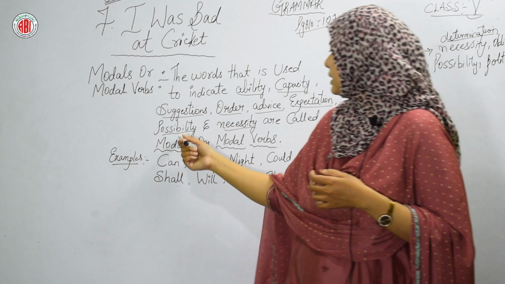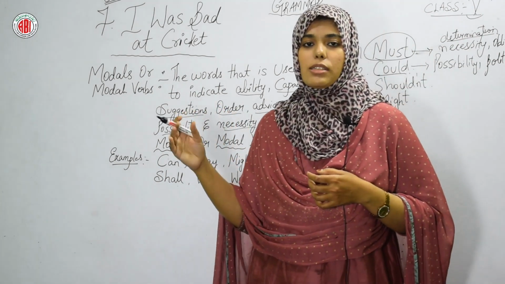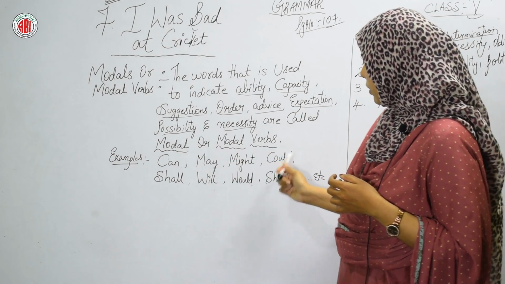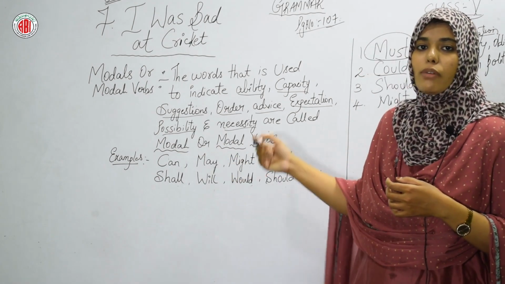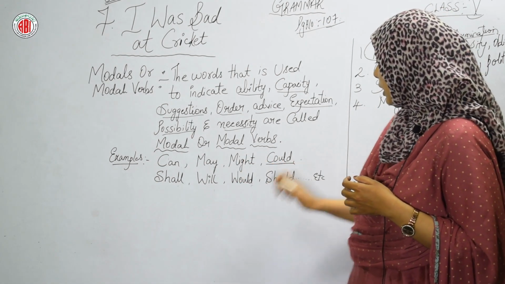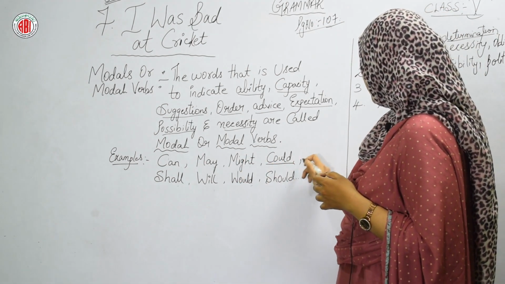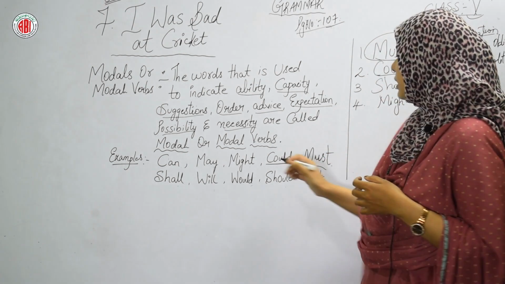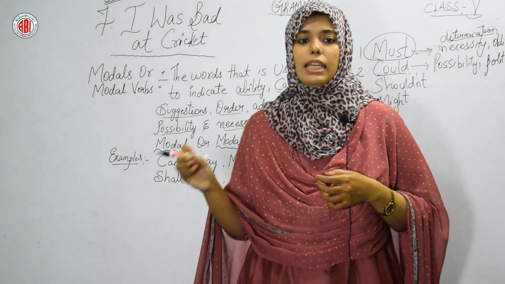Expectations, possibility and necessity, which is nothing but the requirement, are called modals or modal verbs. These are all examples of the modals. Just now I have explained to you about could, and one more I have explained is must. These two examples we have learned in detail.